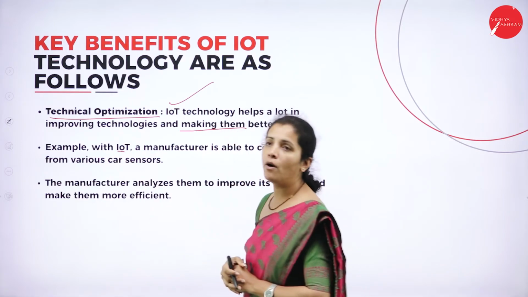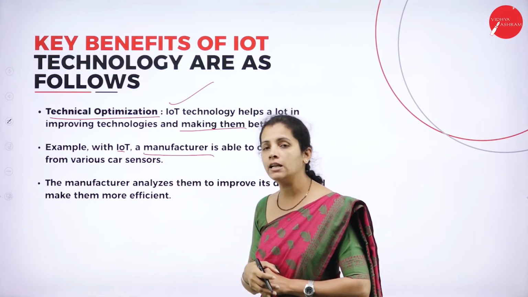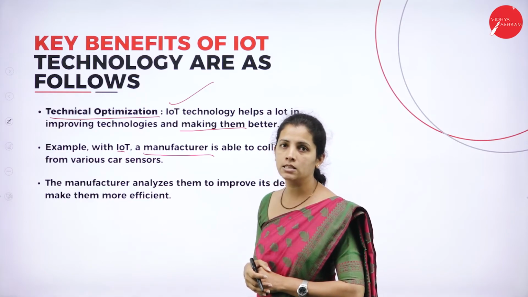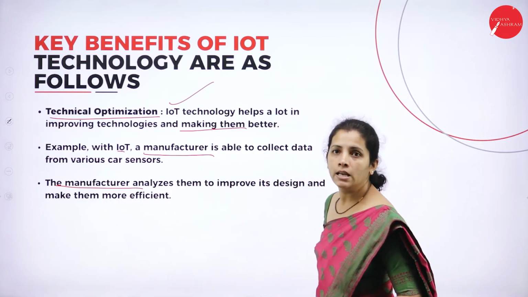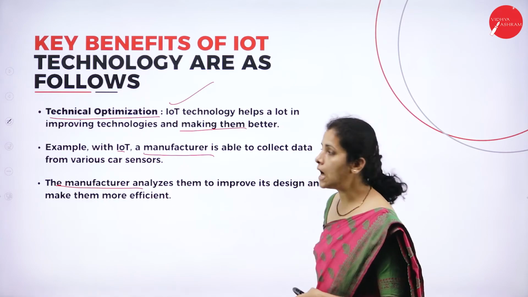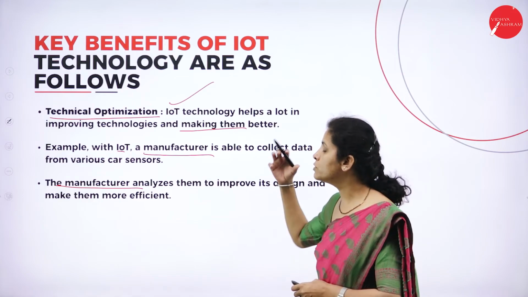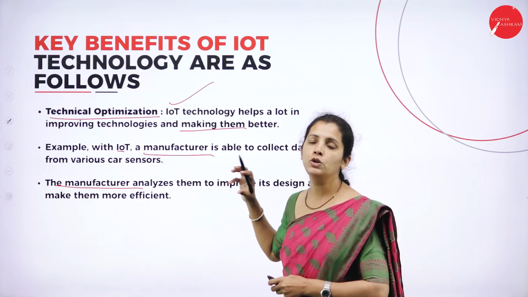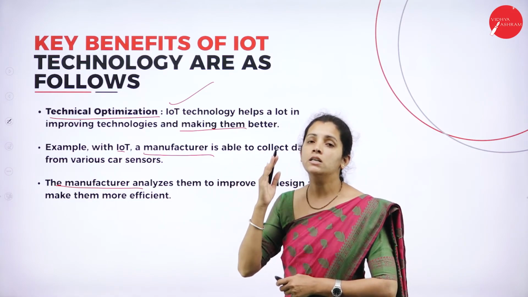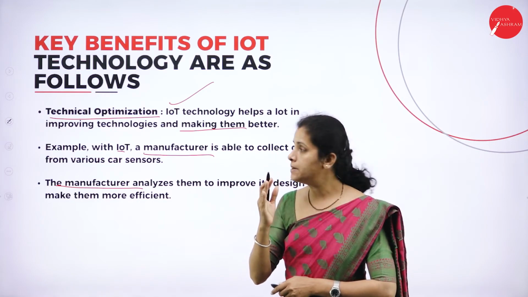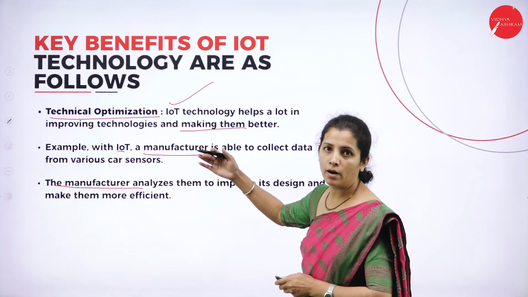For example, with the help of IoT, manufacturers are able to collect data from various car sensors. The manufacturer analyzes them in order to improve the design and make them more efficient. That means most manufacturers use the collected data to improve their design as well as quality. This way we can optimize the performance.